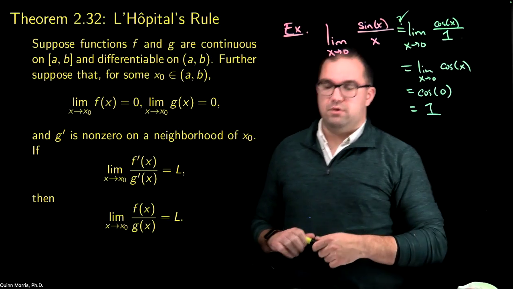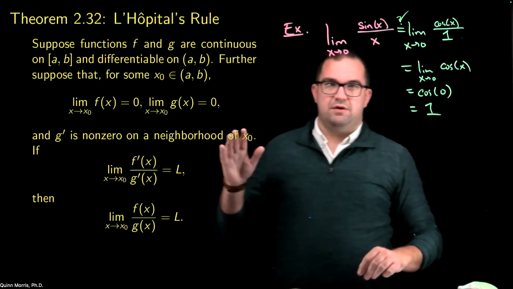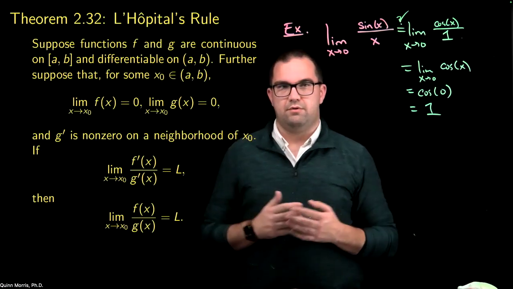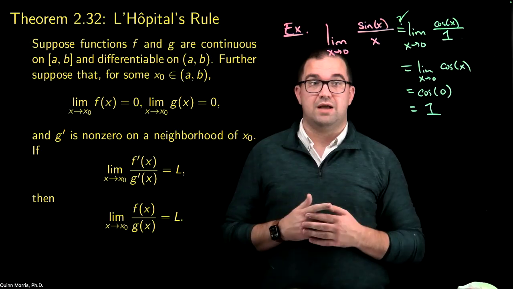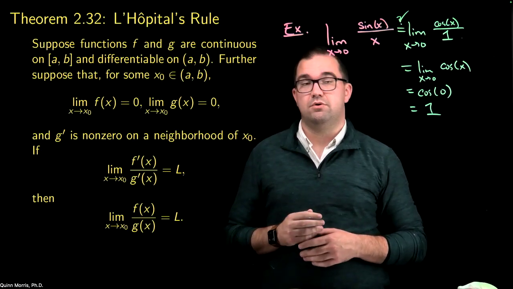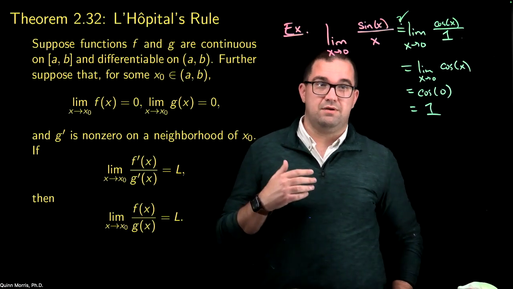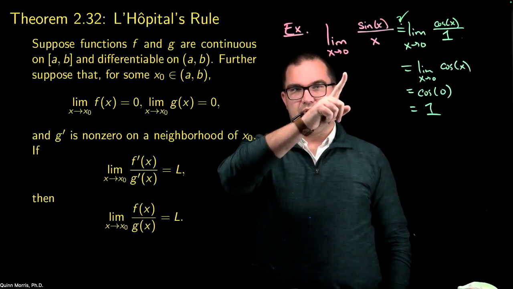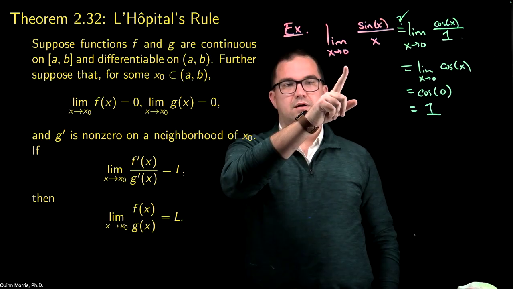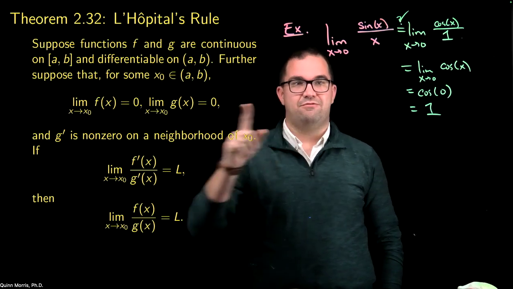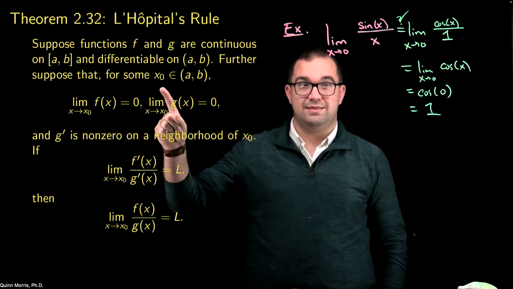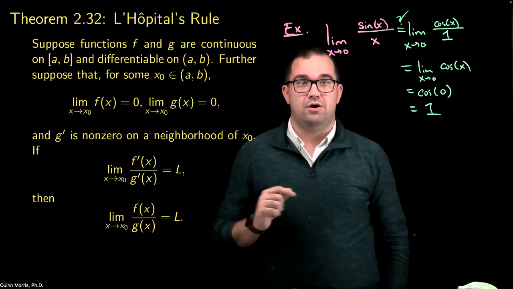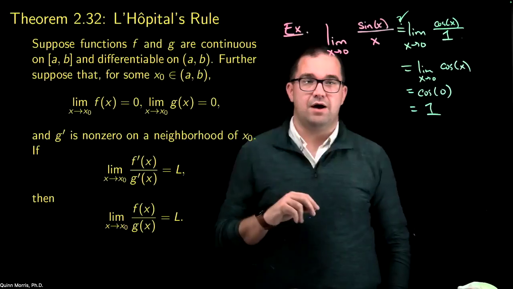Now, this is a fairly straightforward case. You might have learned you can use L'Hopital's rule on lots of different kinds of indeterminate forms, so you can do it when you have a limit of the form infinity over infinity, and other things. We're dealing with the problem where we have a finite value we're taking the limit at, so our x naught is some finite number, and also the limit itself is some finite value.